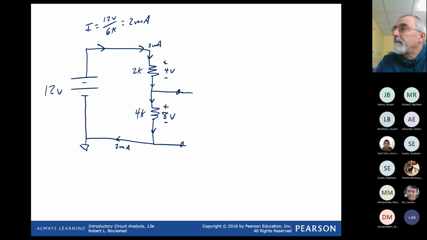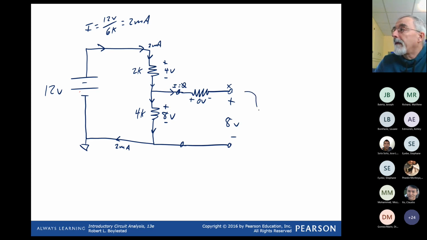If we were to add a resistor here with no connection, that's an open, the current is 0. So the volt drop is 0. And we still have 8 volts here.